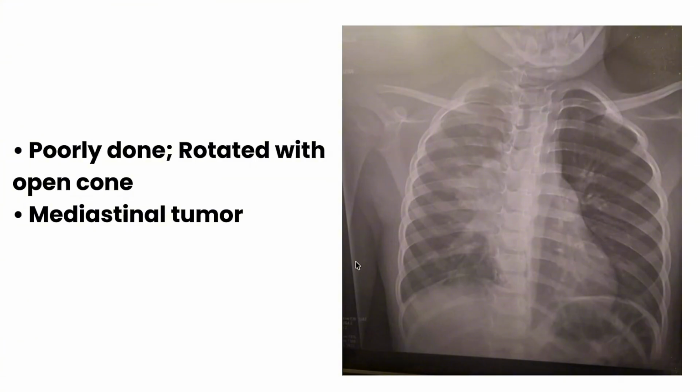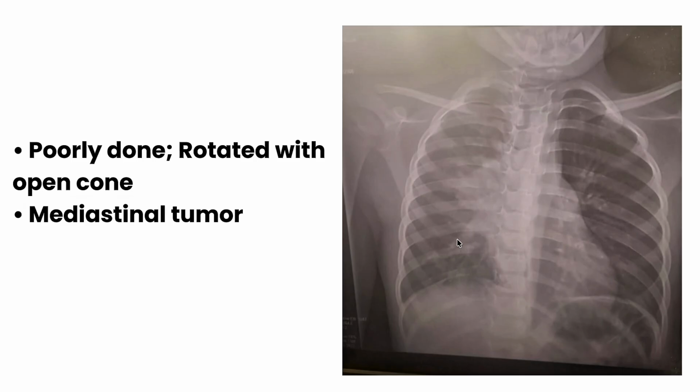The significant finding here, of course, is this right paracardiac soft tissue shadowing. It seems to be paramediastinal, with a positive silhouette sign with the vertebra. We don't seem to separate the two. And of course, one would say also the margins, especially the upper margin, are a bit ill-defined.